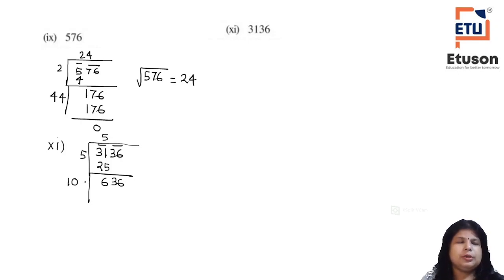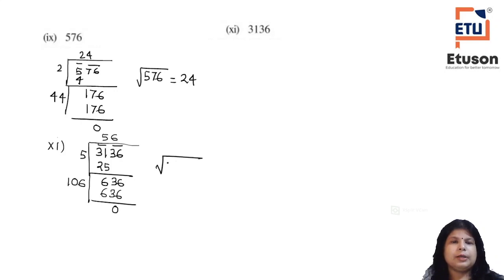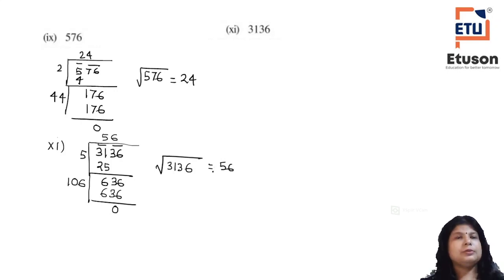Now choose a number which when multiplied with the new divisor will give you an answer less than or equal to 636. So in this case I will take 6, and 106 into 6 is nothing but equal to 636, and your remainder will be 0. So you have already obtained your square root of 3136, that is equal to 56. Correct?